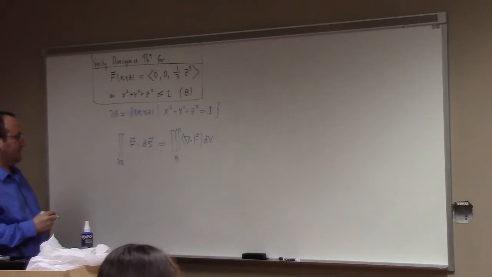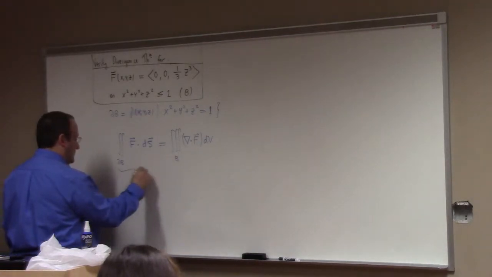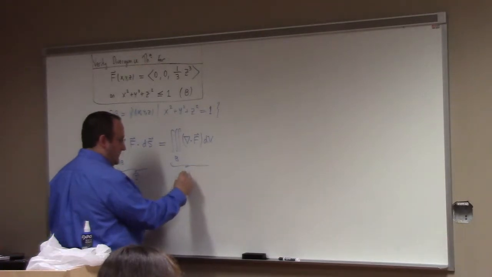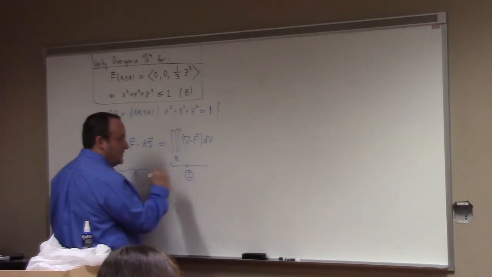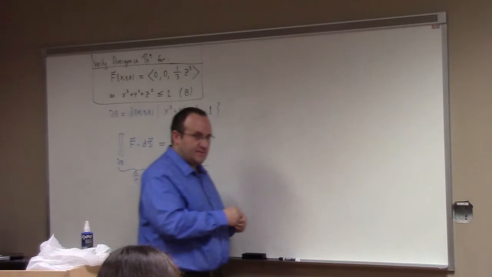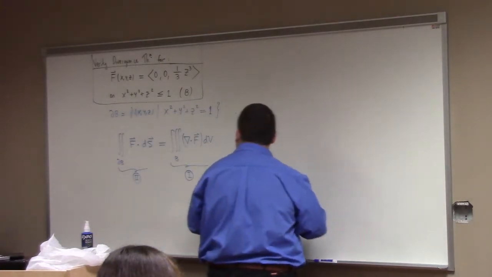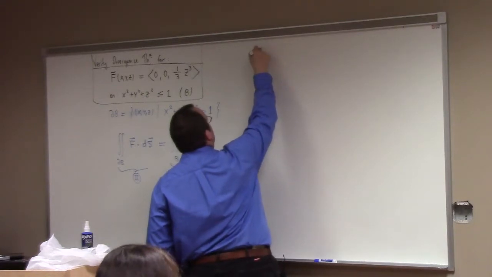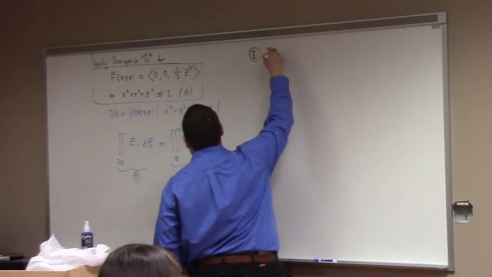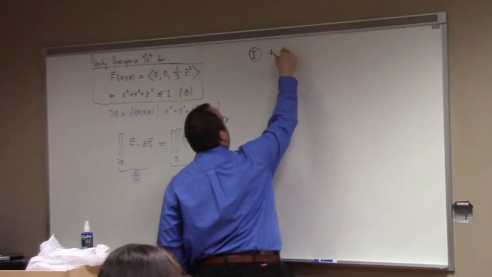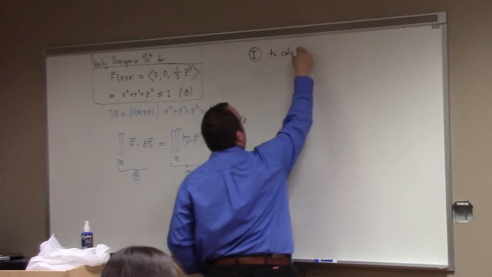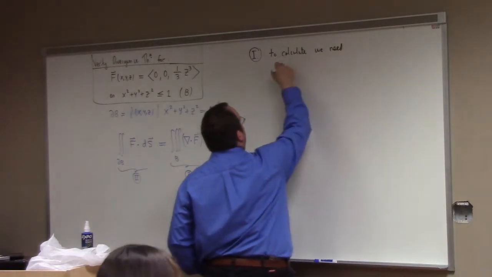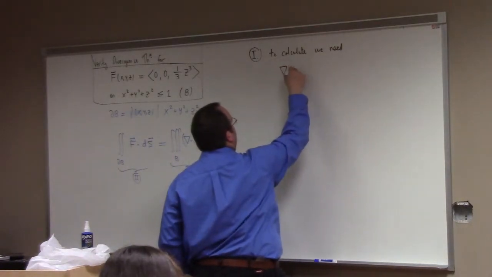So we need to calculate both of these things. I'm going to call this 2, and I'm going to call this 1 because I feel like 1 is more restful to start with. All right. 2 is going to hurt a little bit. 1 should be a piece of cake, though, I think. So 1, to calculate, we need the divergence, right?